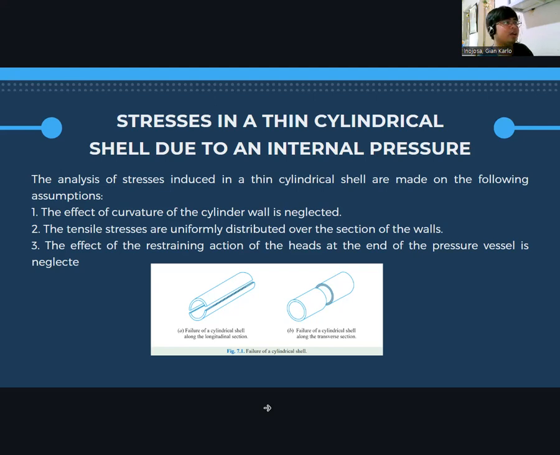Third, the effect of the restraining action of the heads at the ends of the pressure vessel is neglected also. We can see in figure 7.1 the failure of a cylindrical shell: first, the failure of a cylindrical shell along the longitudinal section, and next, the failure along the transverse section of our pressure vessel.